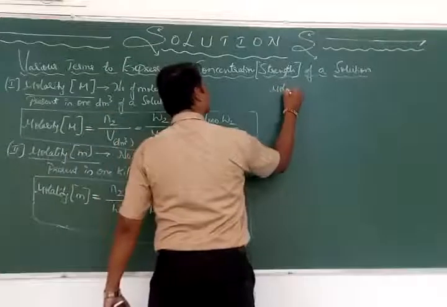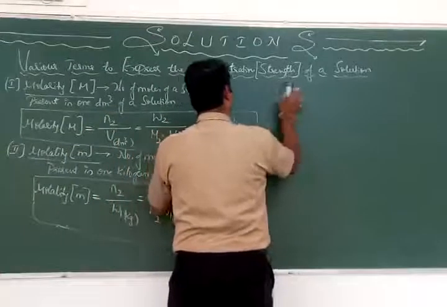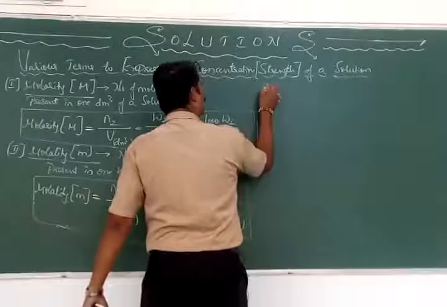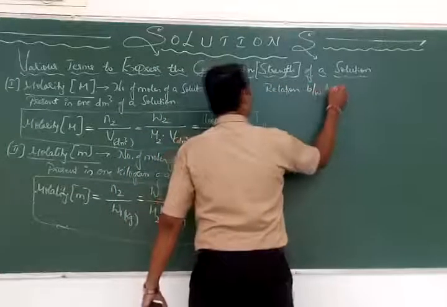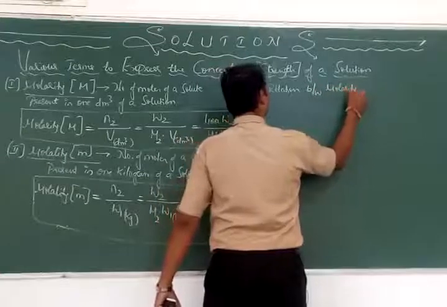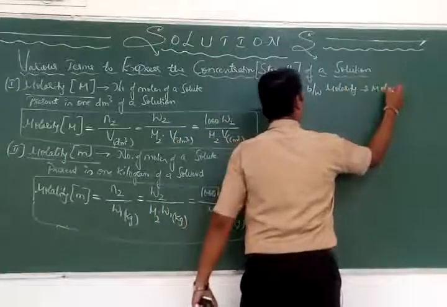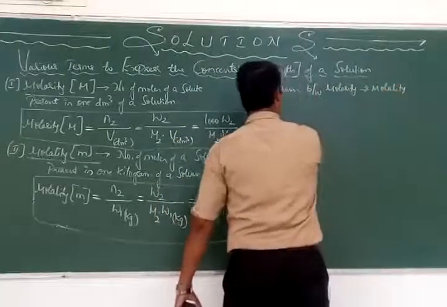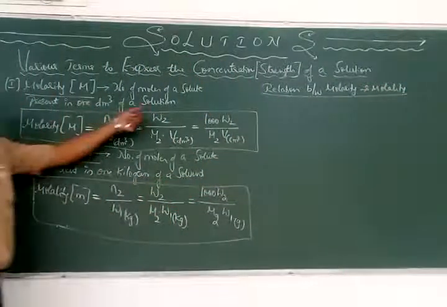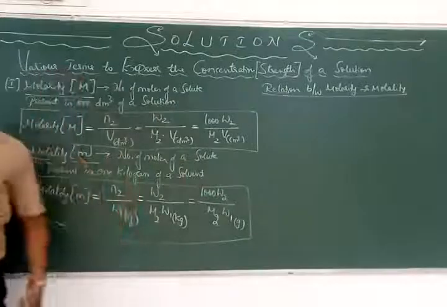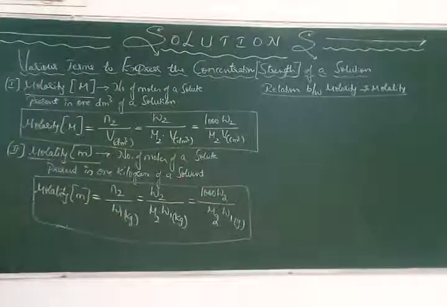So here we will have the relation between the molarity and the molality. What is the relation between these? Because here it is expressed in terms of solution, and here it is expressed in terms of which one? The solvent. Then how can these be related?